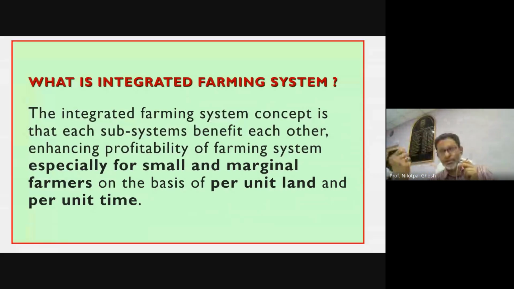Or the same one unit of land is there. This land is not used for only one agricultural commodity; at the same time, other commodities are being produced. So per unit land or per unit time is a very, very important consideration for the integrated farming system.